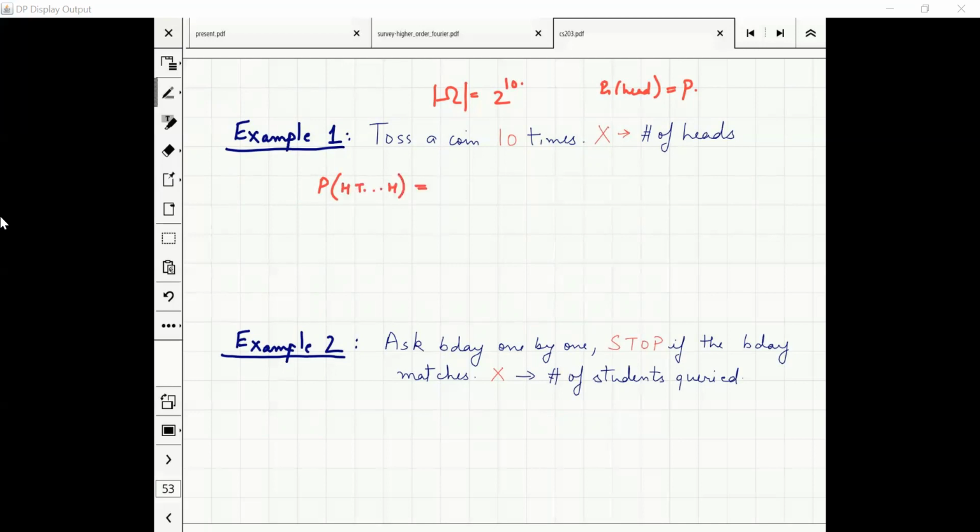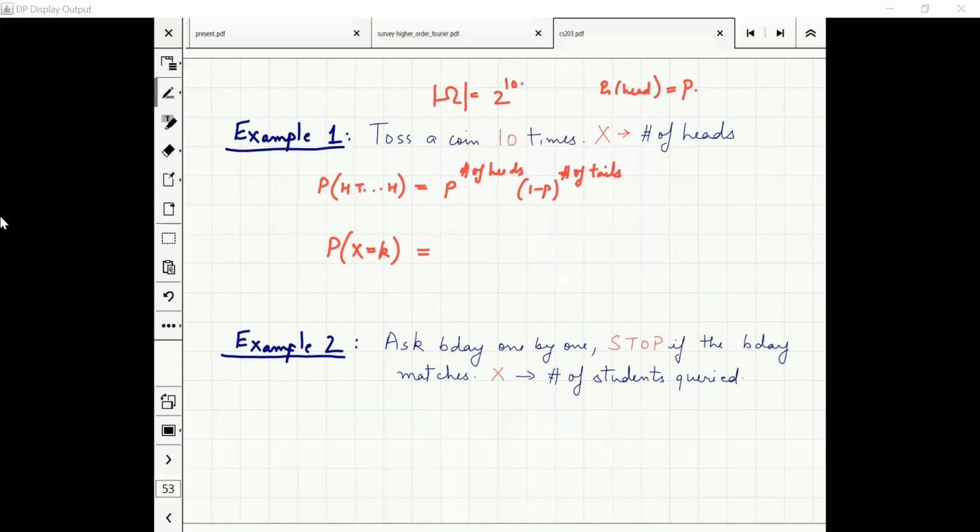p to the power number of heads into 1 minus p to the power number of tails. Is there anyone for whom this is not clear? Okay, this is clear now, right? So then what is the probability that X is equal to k? What are the possible k's for this random variable? Possible cases are 0 to 10.